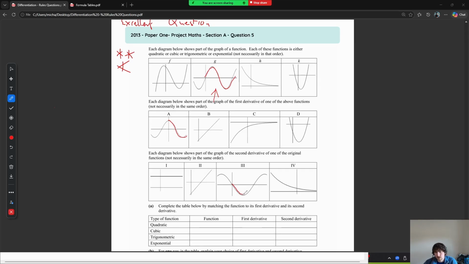And you should know if you've watched the trig videos, minus sine looks like that. It's basically normal sine flipped in the x-axis. So that is how you do that. So basically, G is what you were called. G, you become capital A, and then you become 3. Okay.